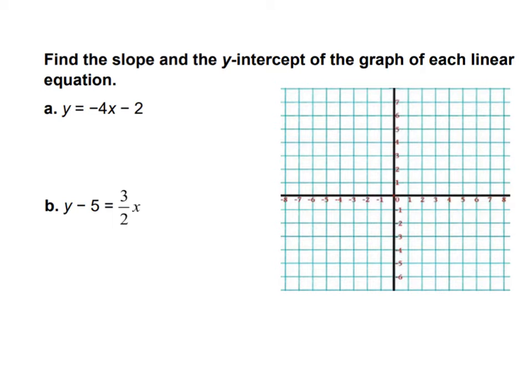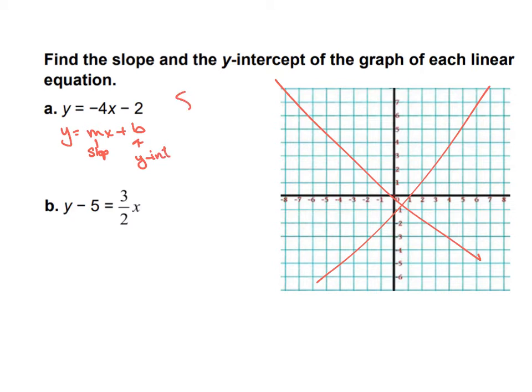So let's go ahead and look at what you are going to do for your homework. The directions say find the slope and the y-intercept of the graph of each linear equation. You really don't need the graph at all. You can tell what it is right here. Y equals mx plus b. M is the slope. B is the y-intercept.